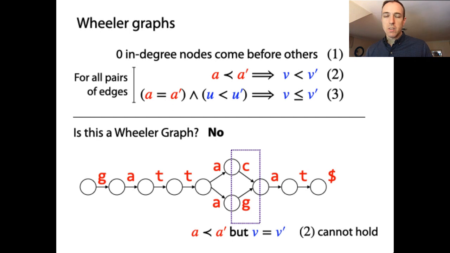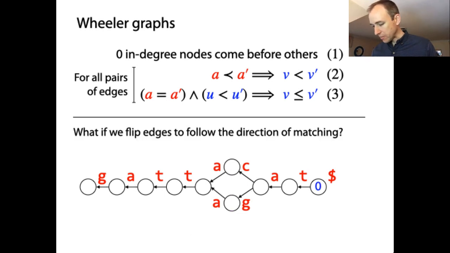So we were saying before that it had that property, so why does it turn out that this isn't really a Wheeler graph? It's just that we had to draw the edges the other way. So let's just switch the direction of all the edges in this diagram. Just like that. If we flip the edges to follow the direction of the matching, now it is a Wheeler graph.